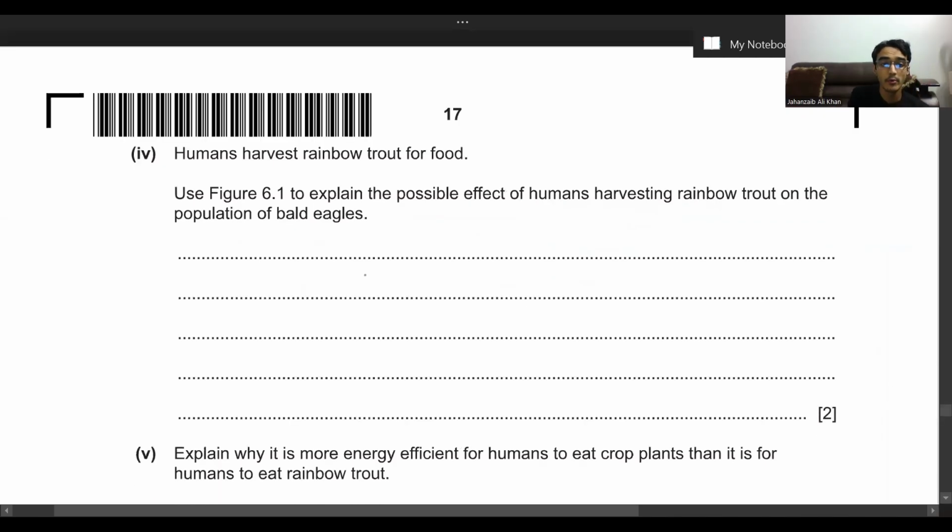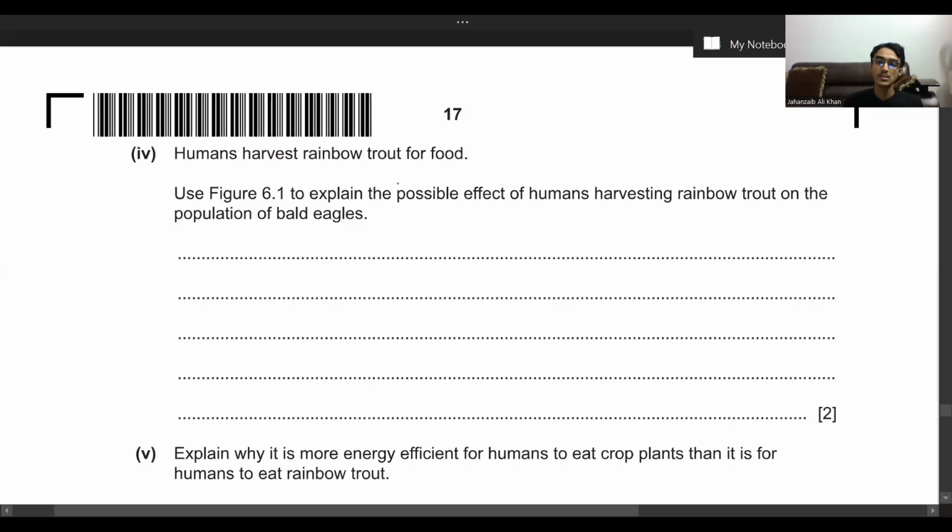Humans harvest rainbow trout for food. Use figure 6.1 to explain possible effects of humans harvesting rainbow trout on the population of bald eagles. Okay, so remember the food web. I'm not going up there again, but what happened was the bald eagle was feeding exclusively on the rainbow trout.